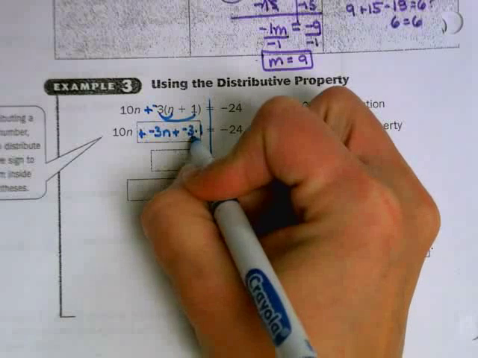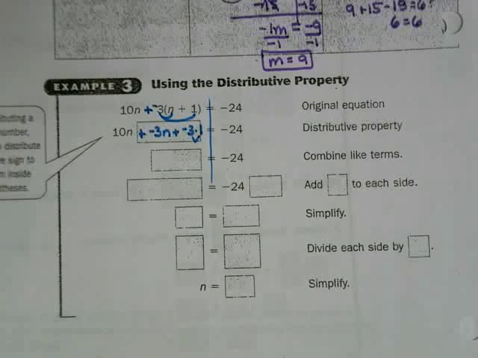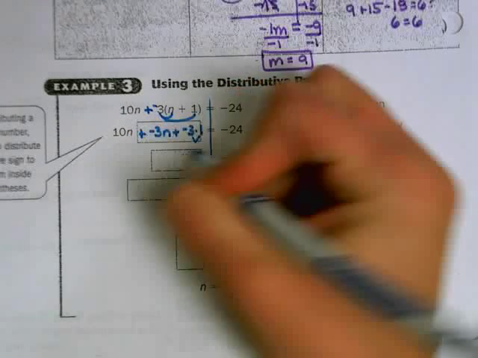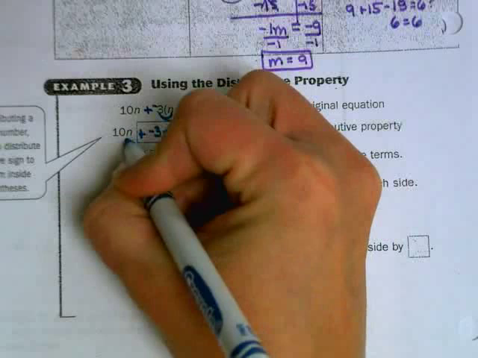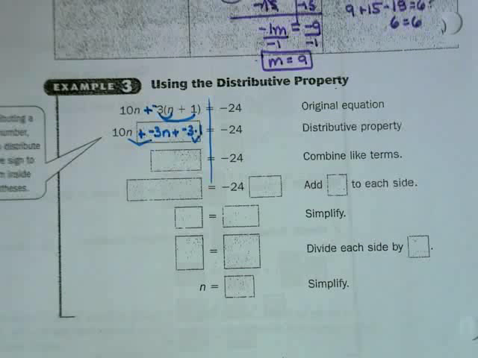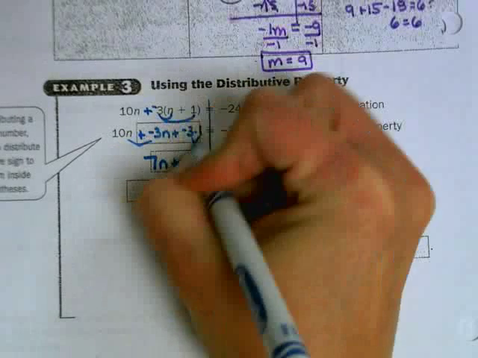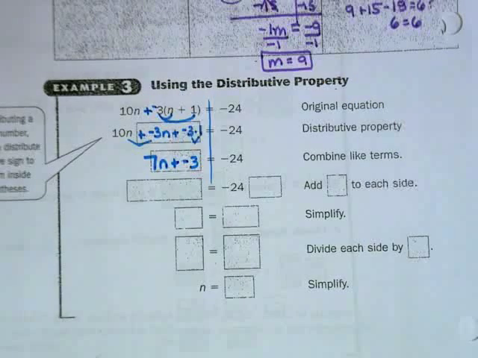Let's see. Negative 3 times 1 is just going to be negative 3, right? So can I combine these like terms too? Can we just do that all in one step here? What's 10n plus negative 3n? That's going to be positive 7n. And this was just a negative 3.